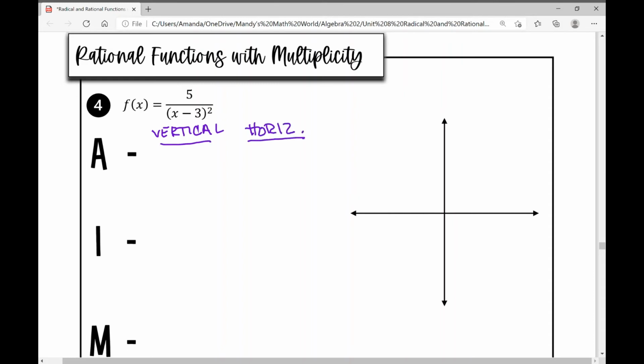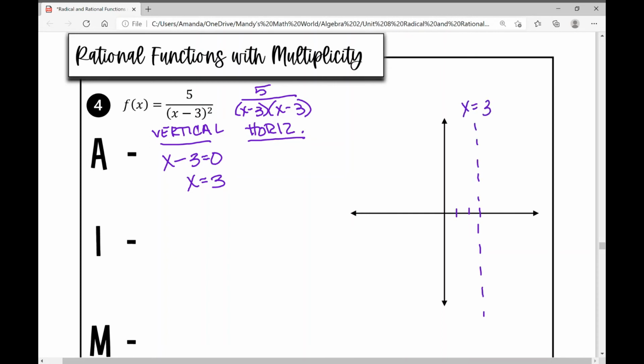So the vertical asymptote, I know my denominator, remember x minus 3 squared is just x minus 3 times x minus 3. So all you're going to do is just set one of those equal to 0 and solve for x. So x minus 3 equals 0. When I solve for x, I get x equals 3. And then when I graph it, it's going to look like this.